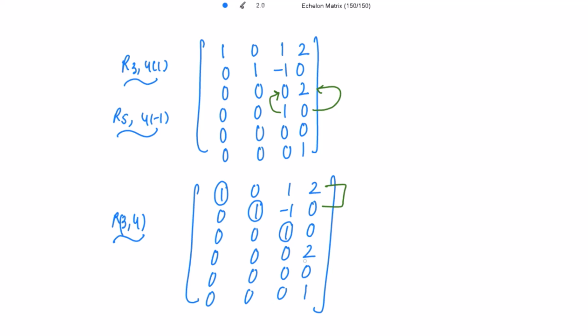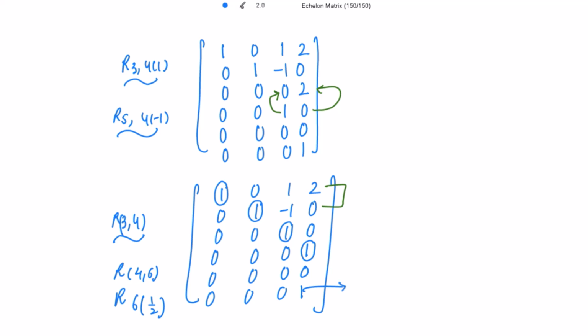In the fourth row, I'm having 2 as the leading entry. Let me interchange this row with the last row so that I can get 1 over here. So here I get 1 and here 2. Let's multiply the last row with 1/2. So I'm getting 1 over here also. This is your leading entry for the fourth row.